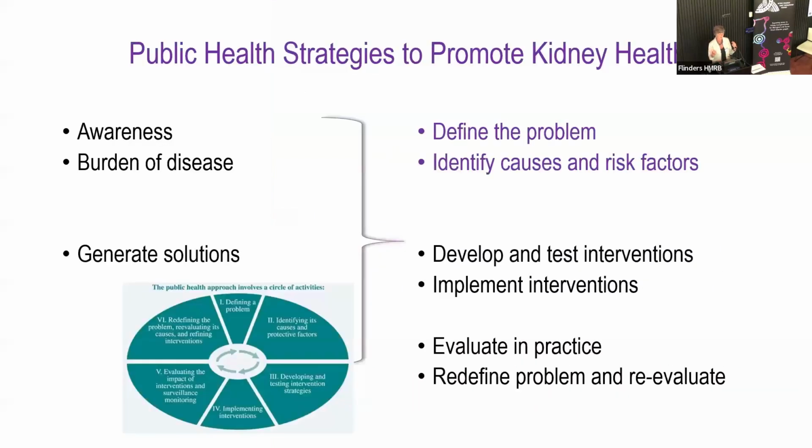So just to take a step back, there are a number of public health strategies to promote kidney health, and awareness and burden of disease is one of them, but you have to figure out how to make that into a language so that you can generate solutions. And we went to our Indigenous people and they said, please don't come and tell us what else is wrong with us. So we have a kidney screening program, which is called Kidney Check. And it's about how healthy are the kidneys in your community.